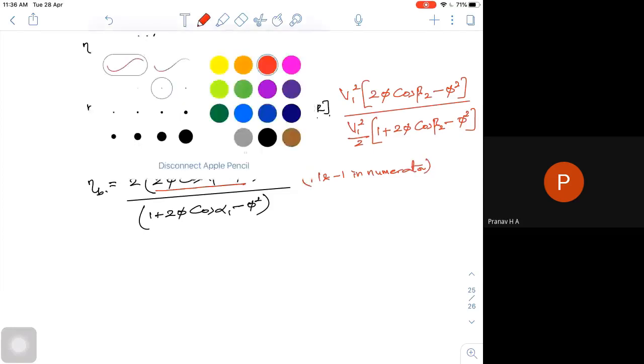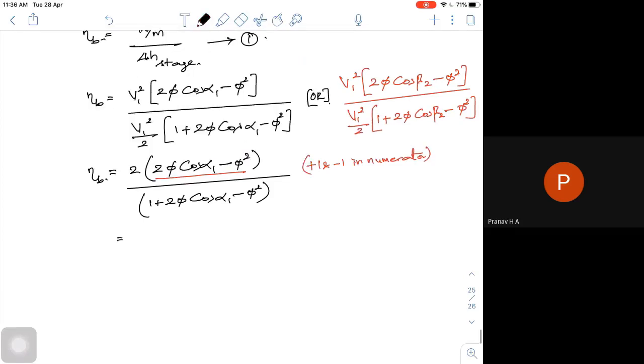If I do that, what I'm going to get is 2 into, 1 plus 2 phi cos alpha 1 minus phi square, then minus 1, so plus 1 minus 1 whole thing, divided by 1 plus 2 phi cos alpha 1 minus phi square.